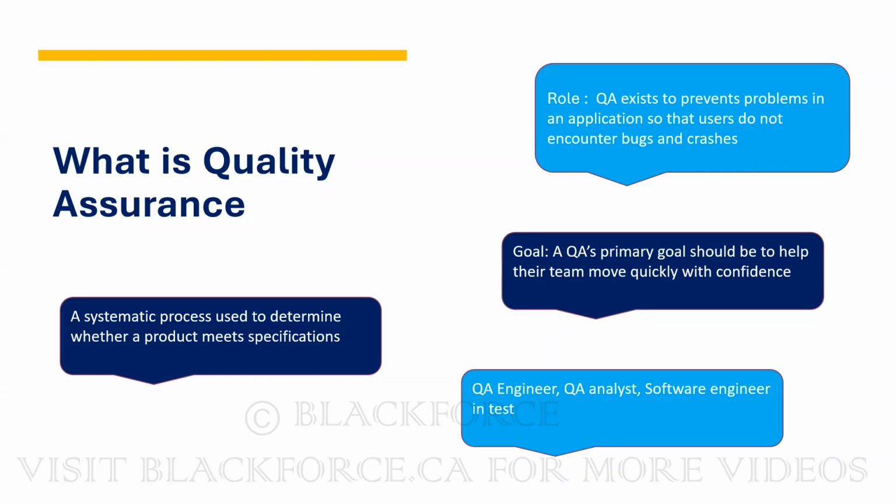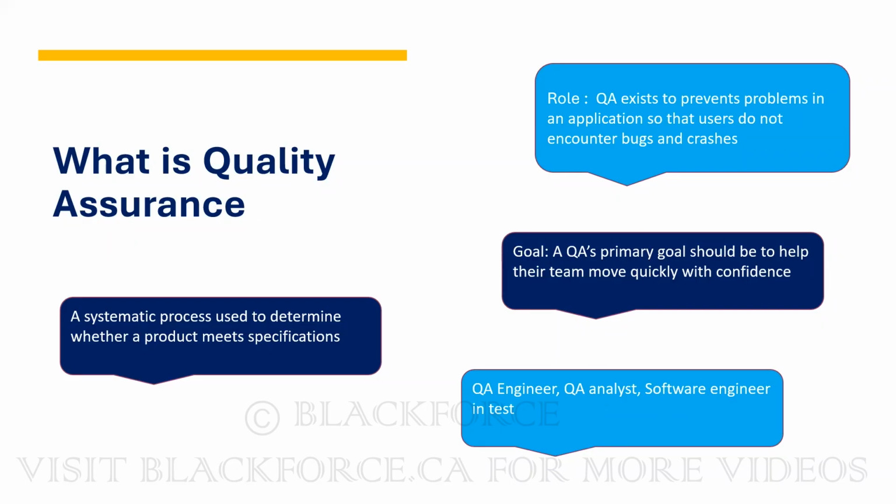As the Salesforce consultant or business analyst, you're going to elicit requirements from the business and document them. So quality assurance is a systemic process used to determine if the end product meets those specifications that were gathered at the beginning, right?